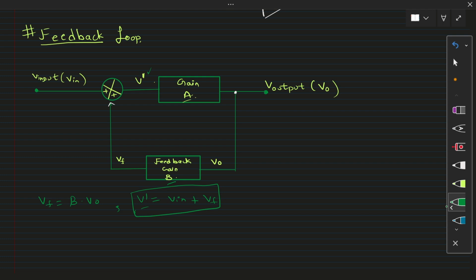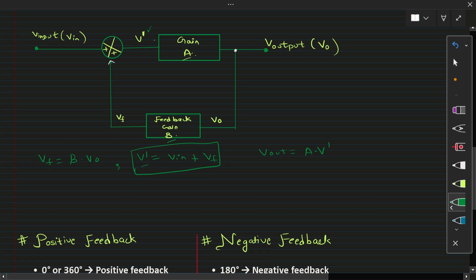And let's say you are applying a gain. Here is your operational amplifier, and the gain of the operational amplifier is A. So here V output is basically A times V dash. Here Vf is basically this, so you can substitute this into this equation. So V dash is basically Vin plus beta times V0.